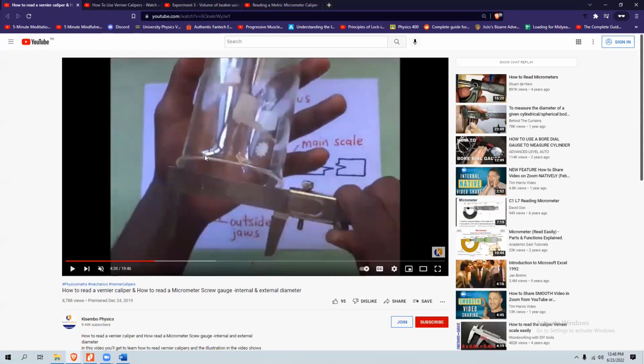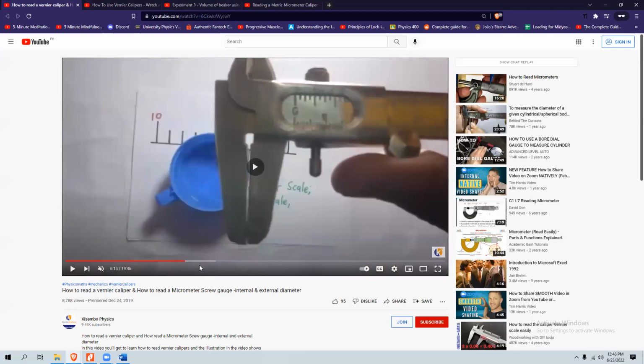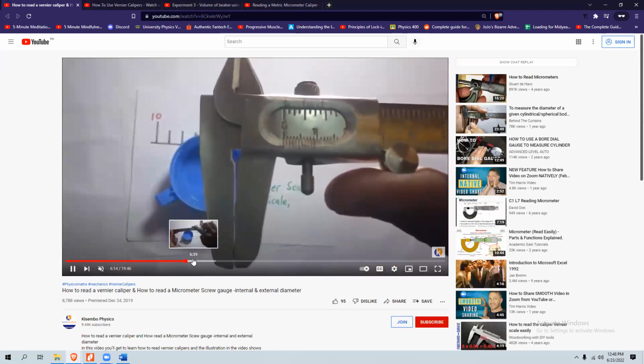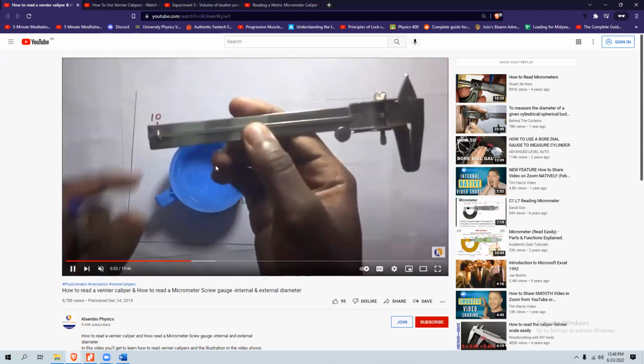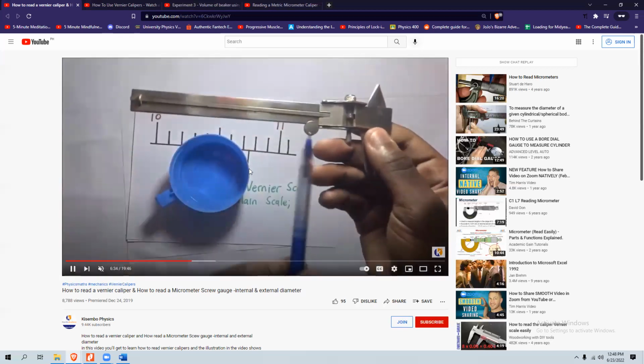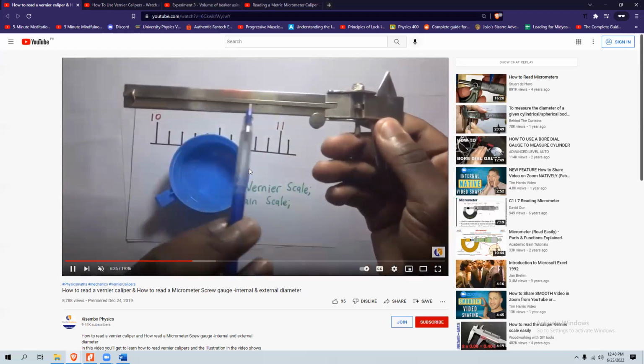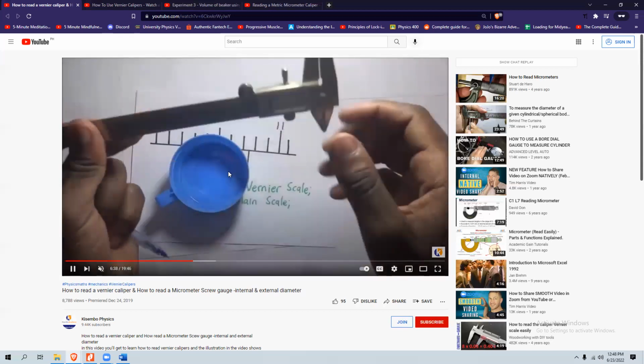Now, lastly, we have the depth probe. The depth probe is basically a stick that protrudes outward from your vernier caliper when you move your measurement device.